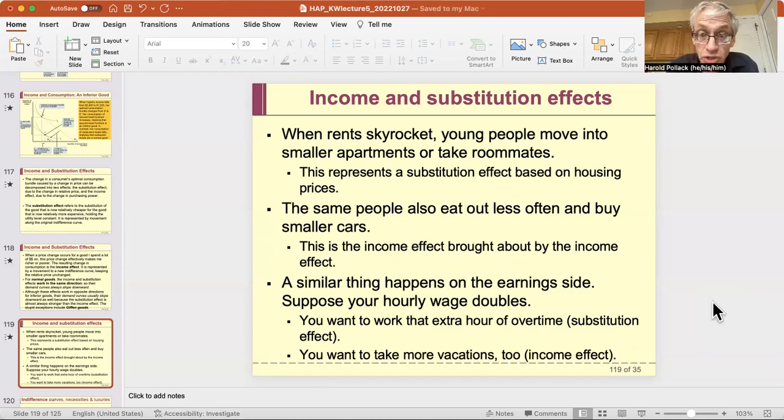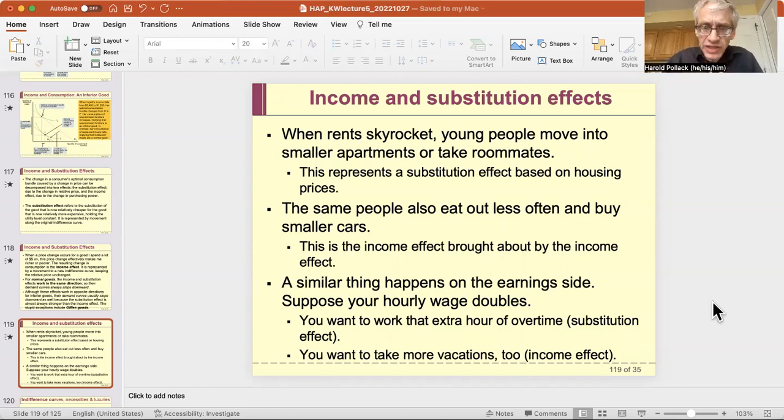But you're also finding, wow, even with a roommate, I'm still spending 50% more on housing in Manhattan than I am in Hyde Park. Well, I'm going to eat out less often. I'm going to buy a smaller car or whatever. That's where that income effect changes your preferences.